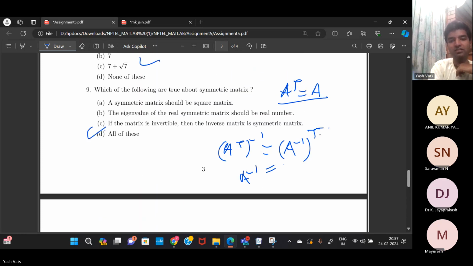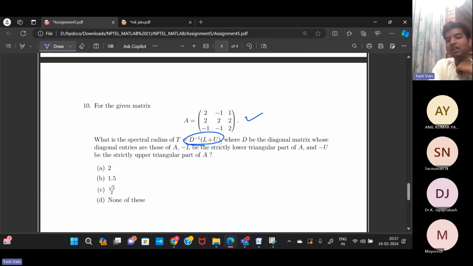In the 10th question, a matrix A is given. What is the spectral radius of T inverse L plus U? Can you identify which method's iteration matrix looks like this? Gauss-Seidel or Gauss-Jacobi, which one? Jacobi, right?